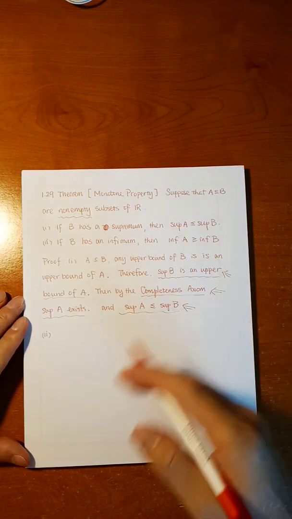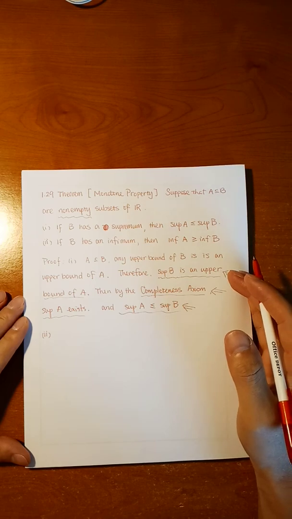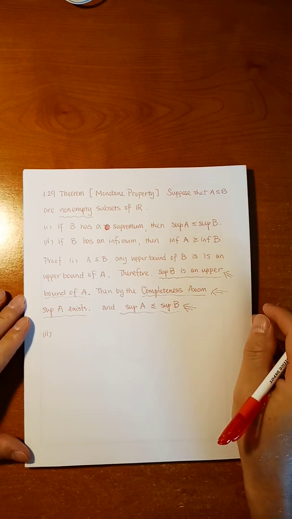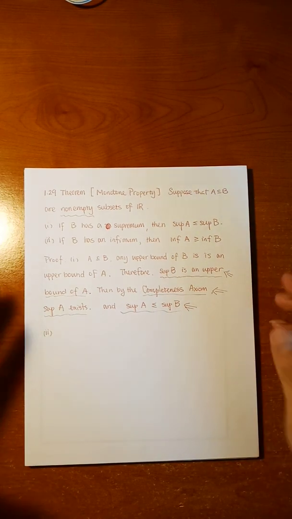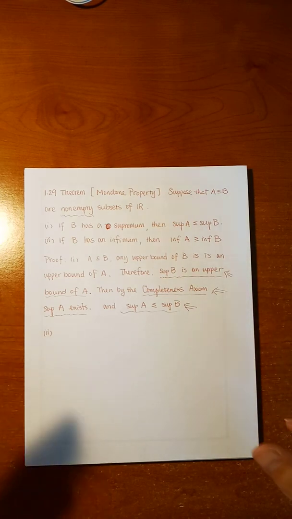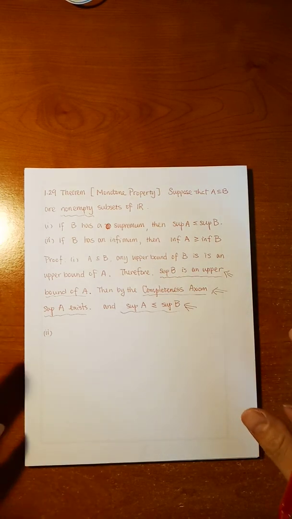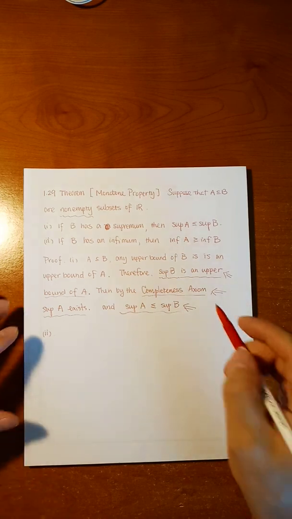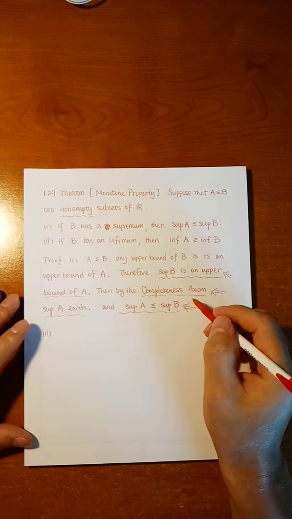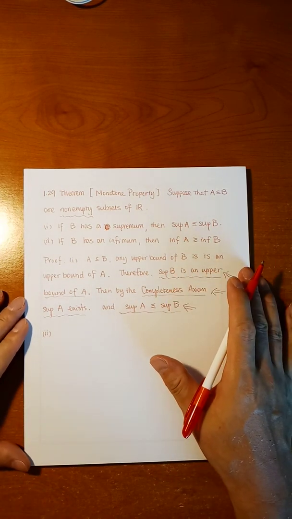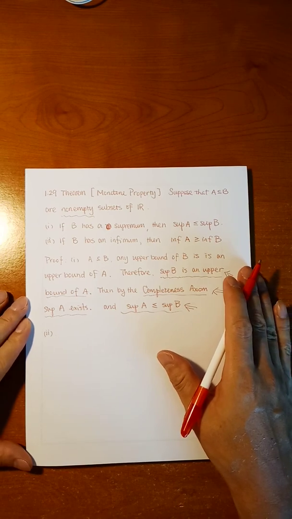Of course, we can get the counterpart of the completeness axiom for the infimum, but in order to keep the system of postulates as simple as possible, we only list the completeness axiom for the supremum and don't include the corresponding result for the infimum.